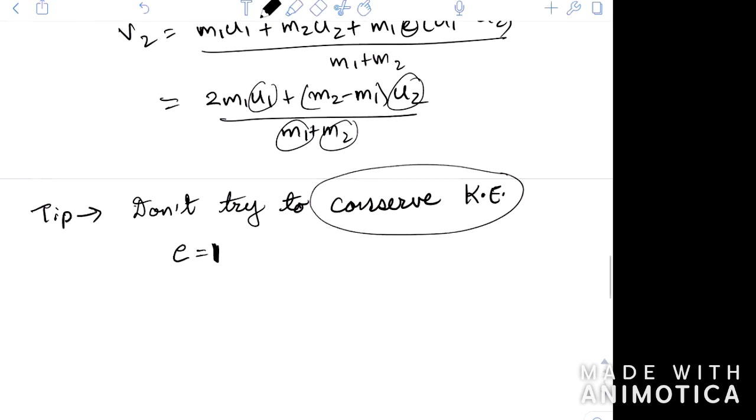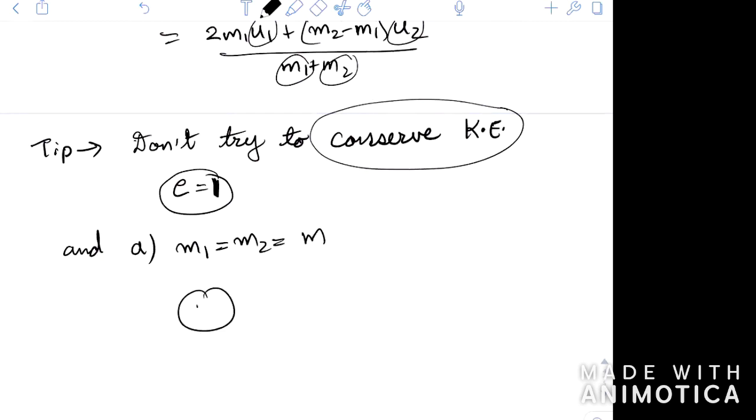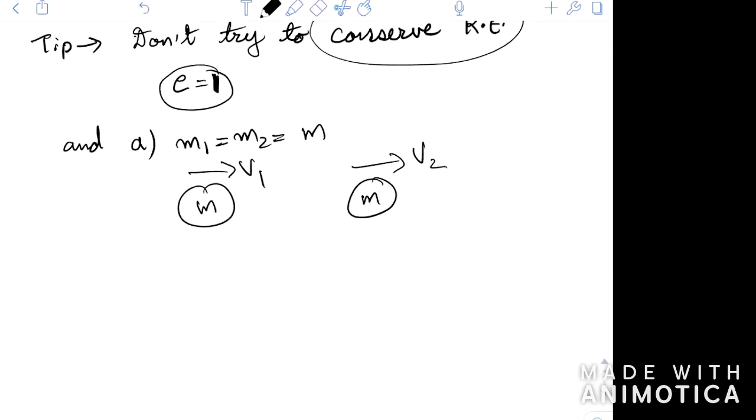Okay, now here what happens? If e is equal to 1 and case A, m1 is equal to m2, then what happens? Initially, if this particle is having velocity u1 and this one is having velocity u2, and m1, m2 both are m, then what will happen upon collision?